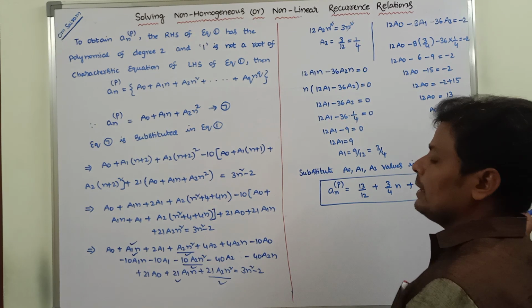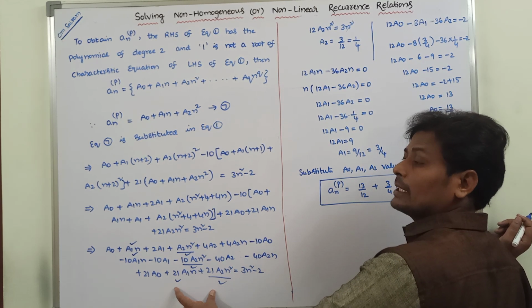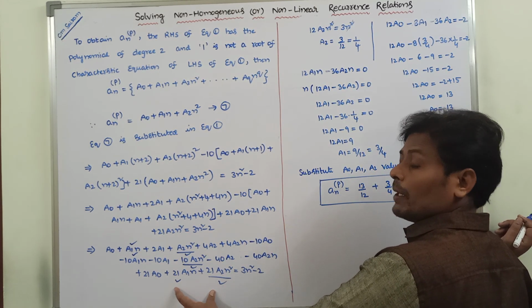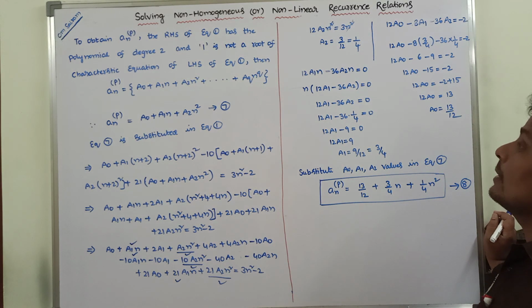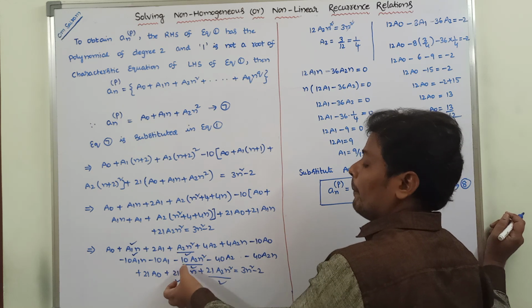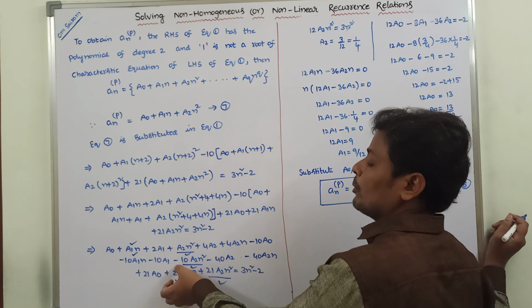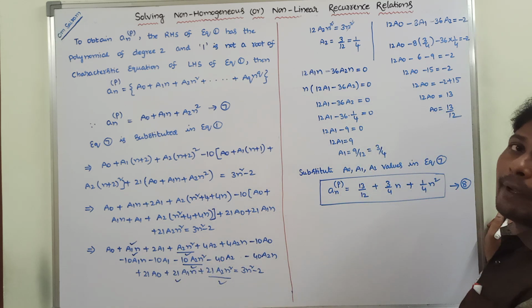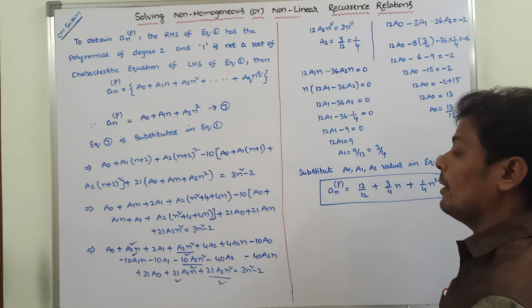Okay. Next one, equating the same coefficient terms based on the power on both sides. So see this one. First of all, a2 n square. Here 21 a2 n square, here a2 n square. 21 plus 1 is 22, 22 minus 10 is 12 a2 n square.